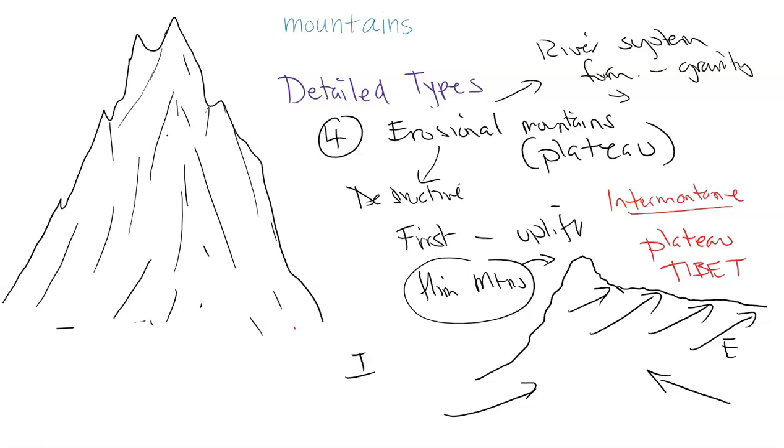You get the erosional effect of water and rivers carving through these mountains of uplifted terrain, and you get beautiful features and landscapes like the Grand Canyon because of the Colorado River flowing through it.